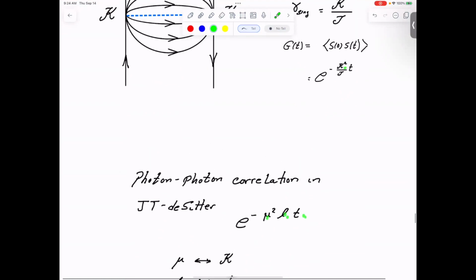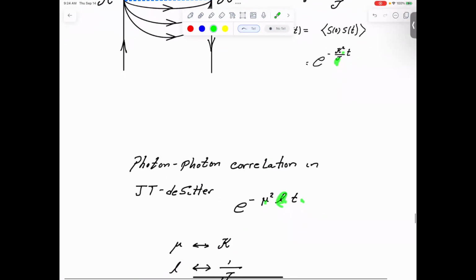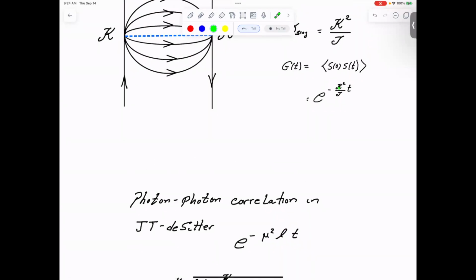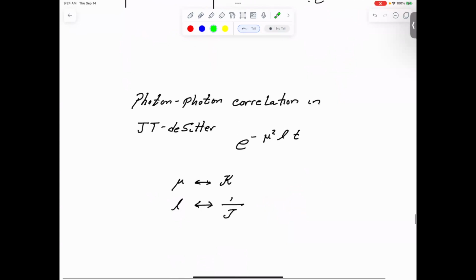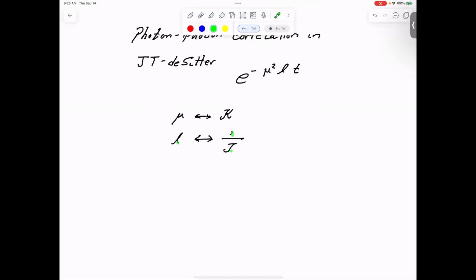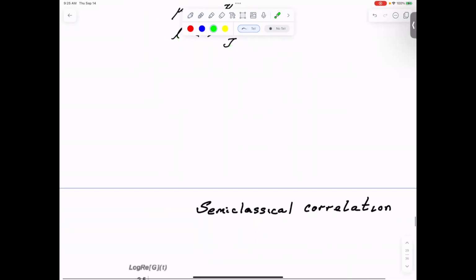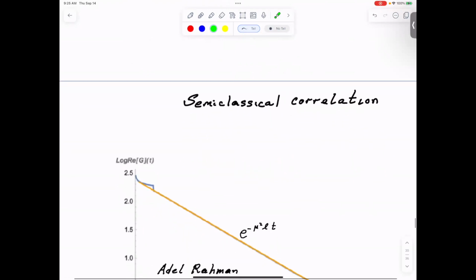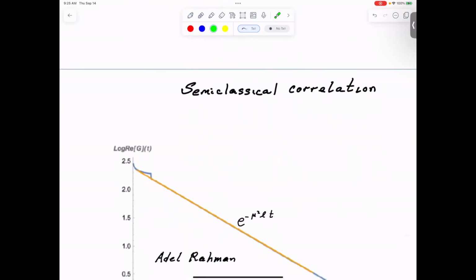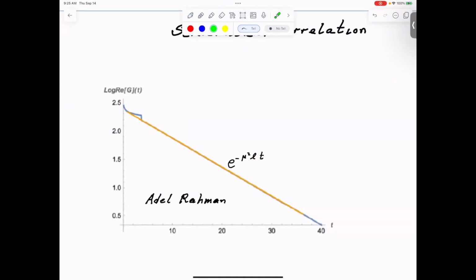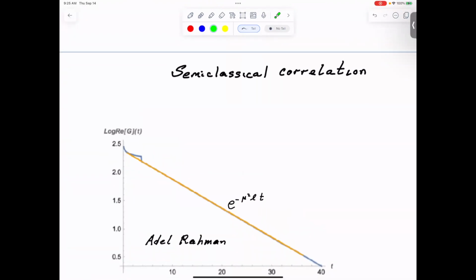Remember that L is 1 over J. Mu is a measure of the symmetry breaking, and K is also, so we can add to our dictionary that the shift in mass of the photon is like K, and of course, as always, L is 1 over J. Now the photon has some dynamics. I don't know how to calculate the whole correlation function, but I do know how to calculate the decay rate.